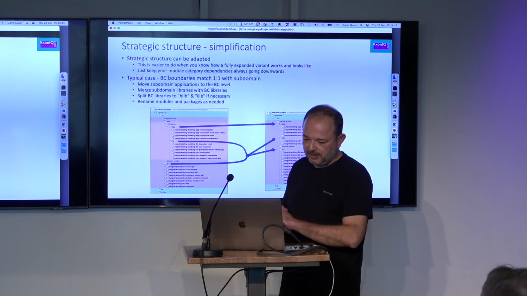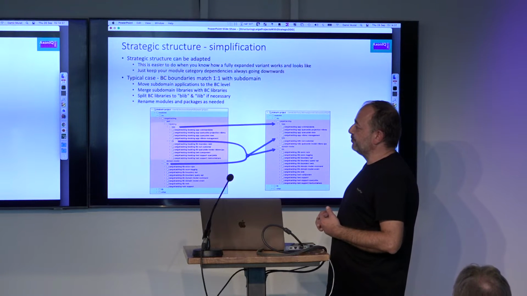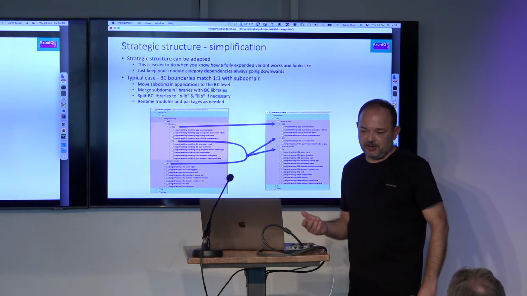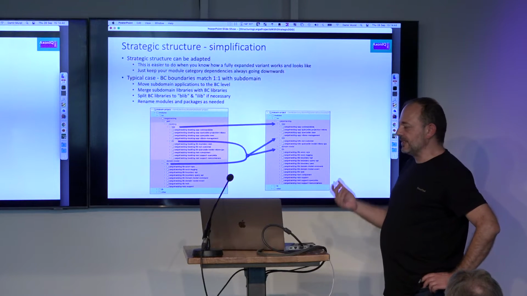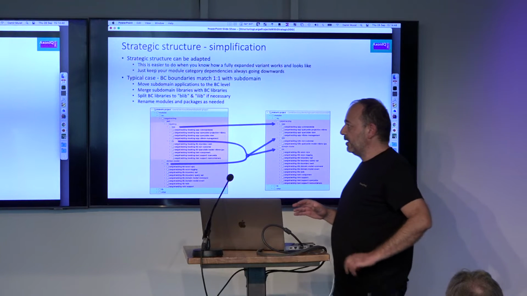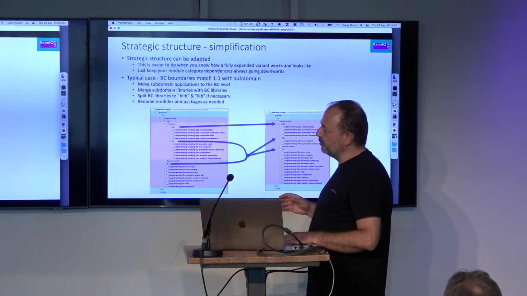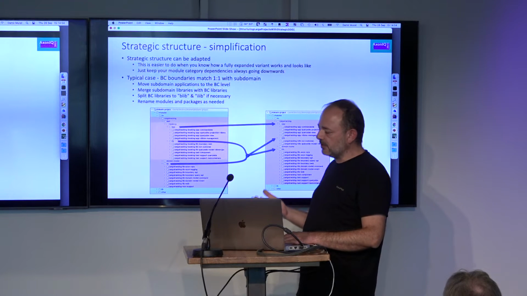Okay, let's move on. Strategic structure is not set in stone. It can be adapted, it can be simplified, and this is much easier to do if you know how fully expanded structure works and how it looks like.